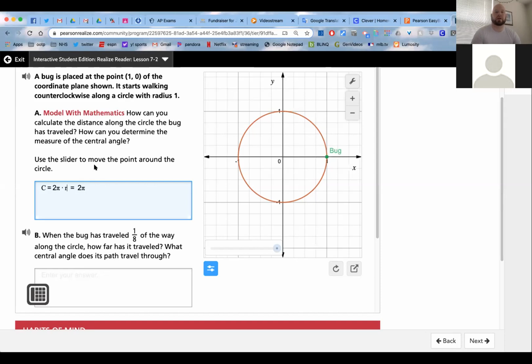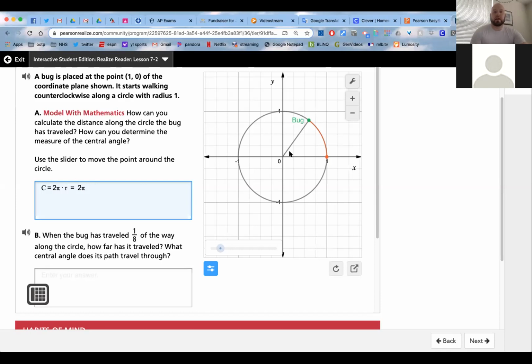The second question for part A says, how can you determine the measure of the central angle? So let me put this bug back over here somewhere in the first quadrant. The central angle is the distance from the x-axis up to this gray line that represents where the bug is. So the central angle is this angle inside here.